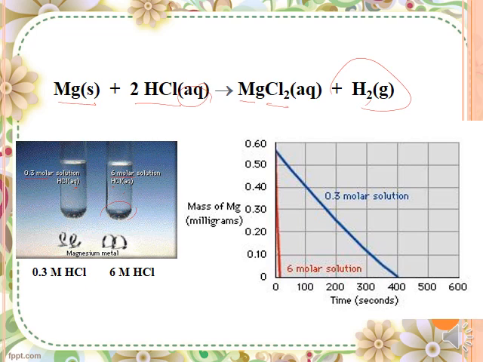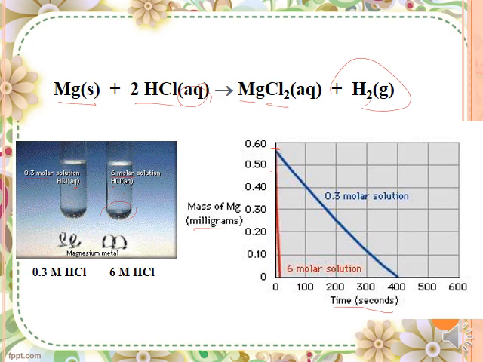To calculate the rate, let us plot the mass of the magnesium versus the time. Initially there is 0.55 milligram of magnesium in both test tubes.